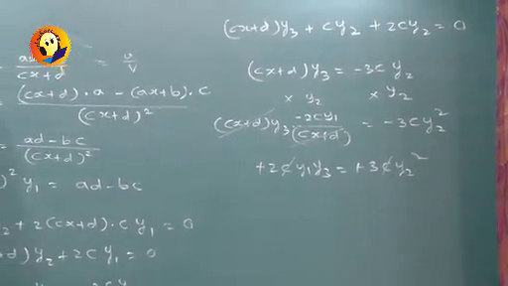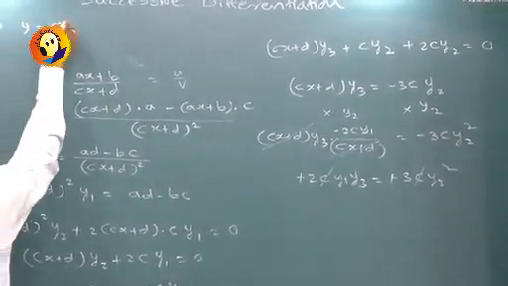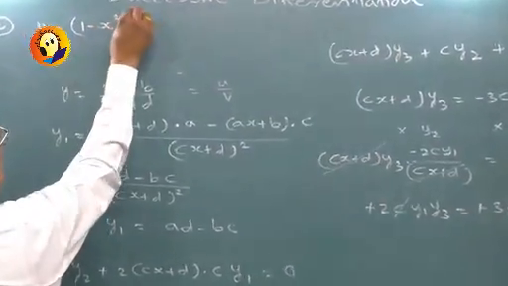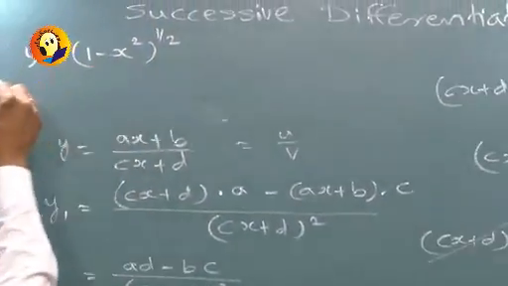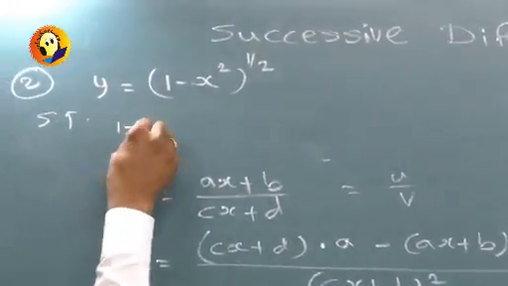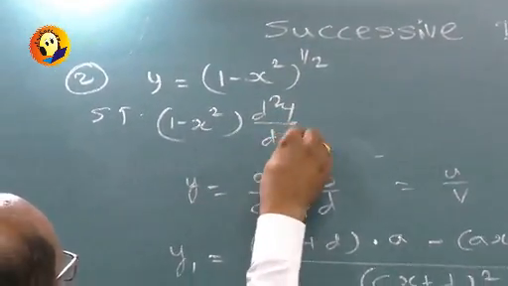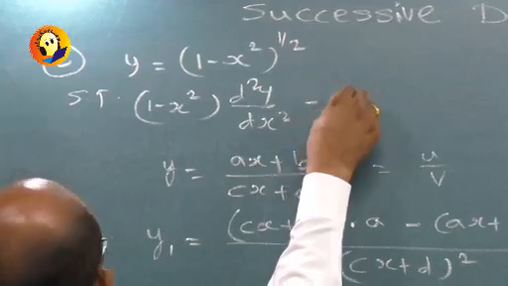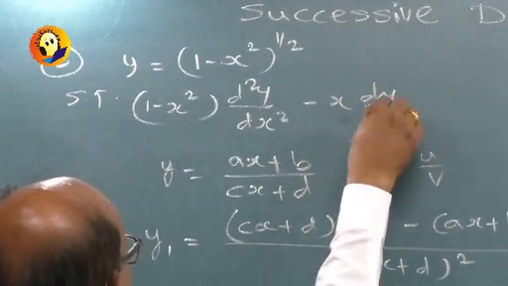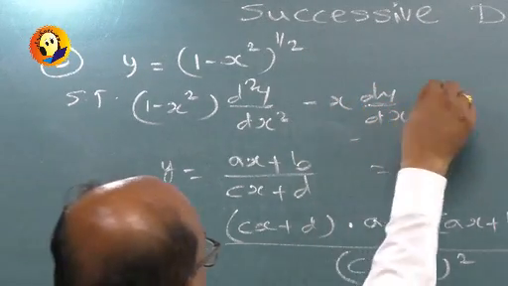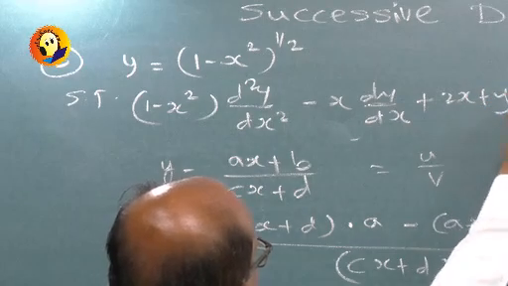Second problem. If y equal to (1 minus x square) raised to half, show that (1 minus x square) d2y by dx square minus x dy by dx plus y equal to 0.